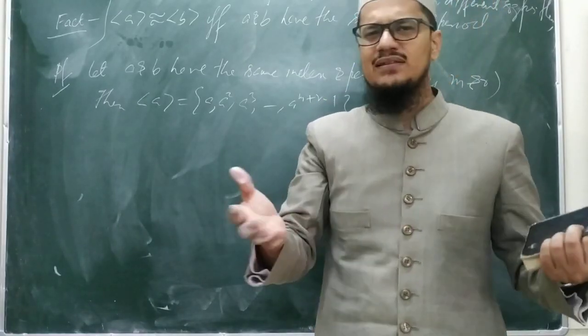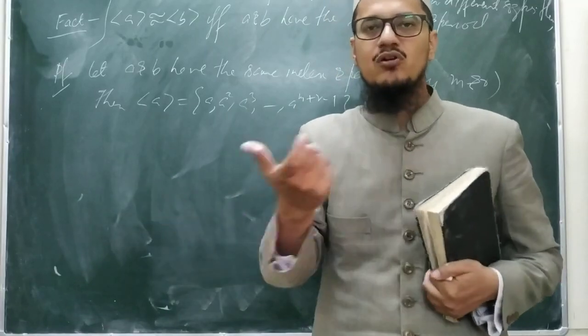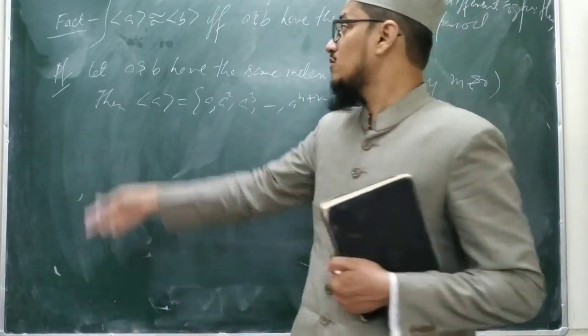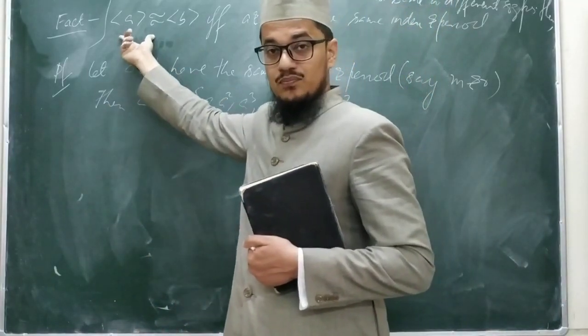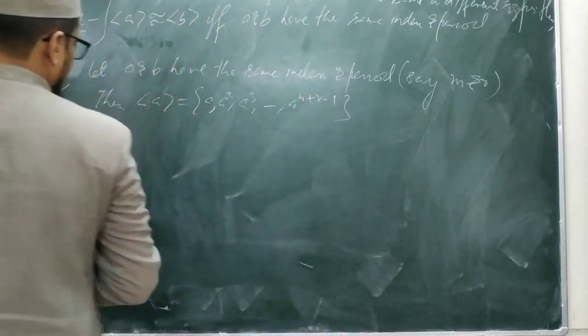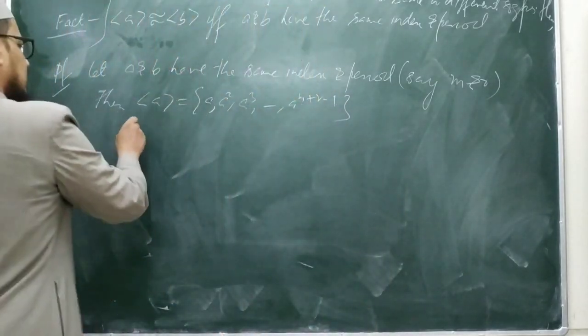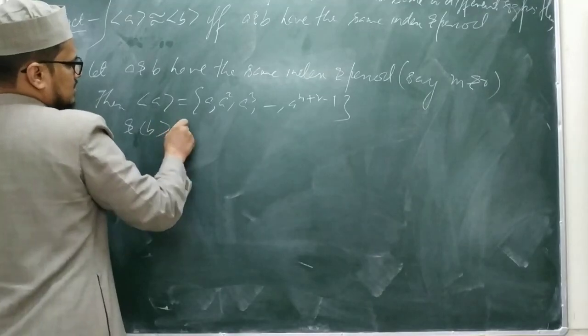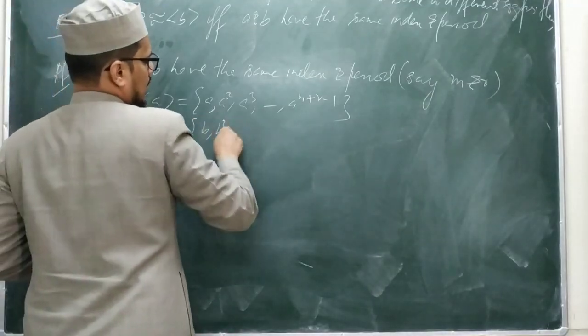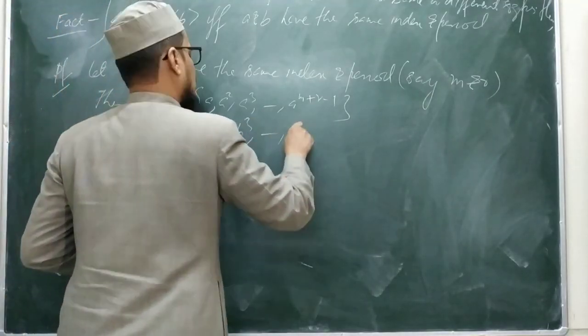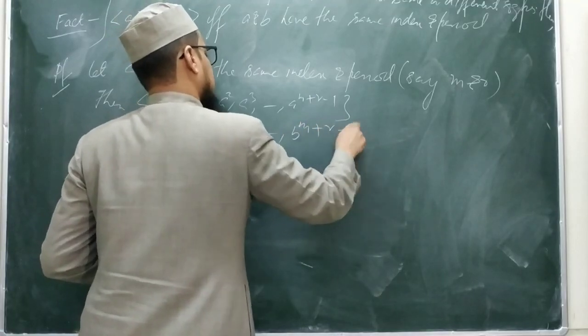Then the order will be m plus r minus 1, the order of the element A as well as the order of this semigroup. Then B will be like this: B, B squared, B cubed, and so on, B to the power m plus r minus 1.